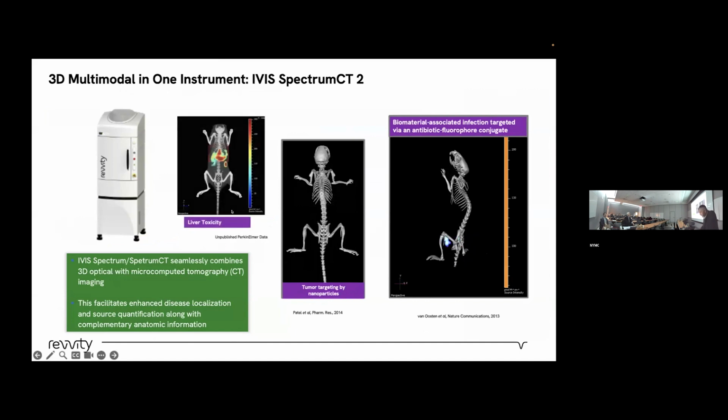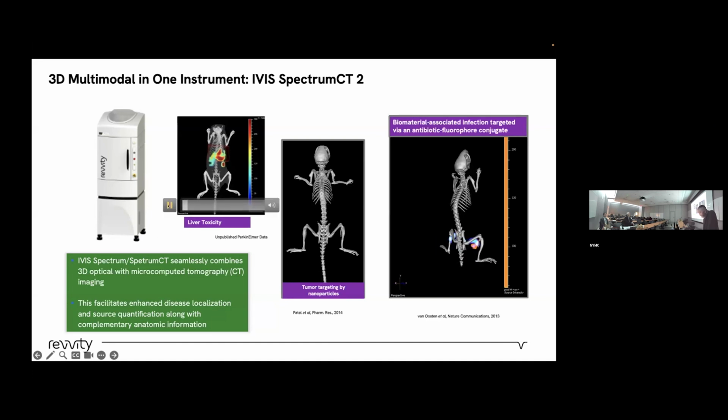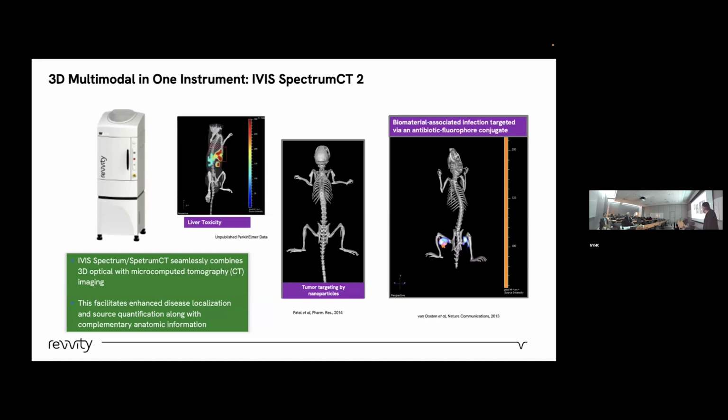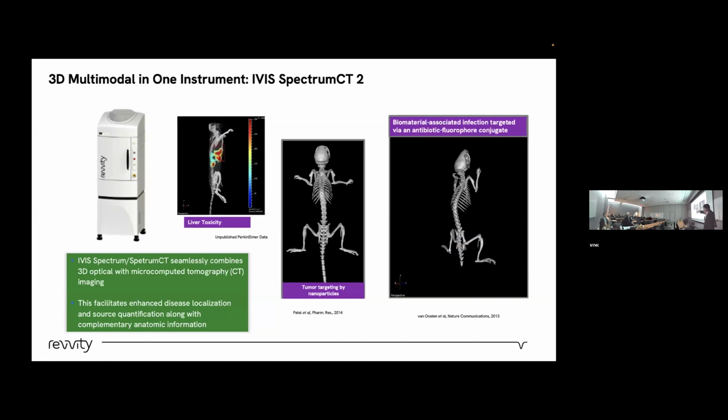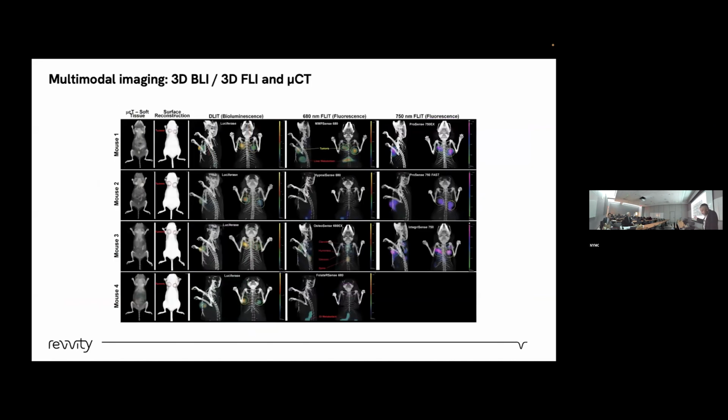And finally, just in the interest of time, basically the liver toxicity that you can identify on the left picture, specifically for identifying where the intervention is going to happen.